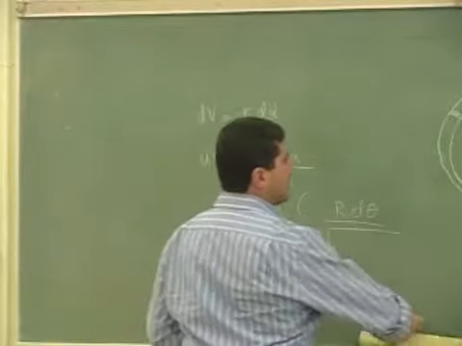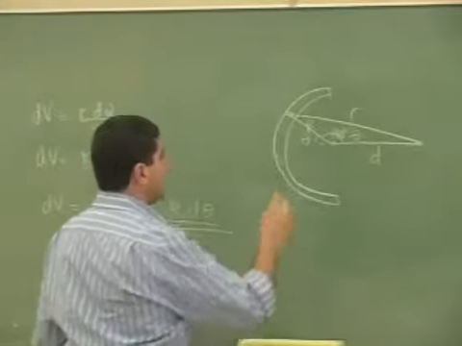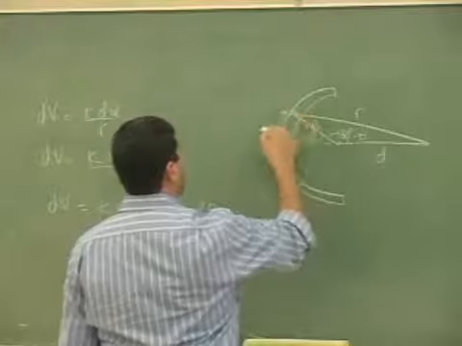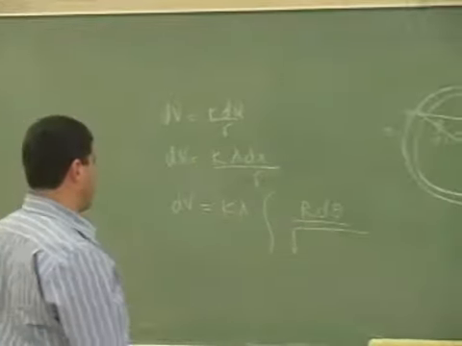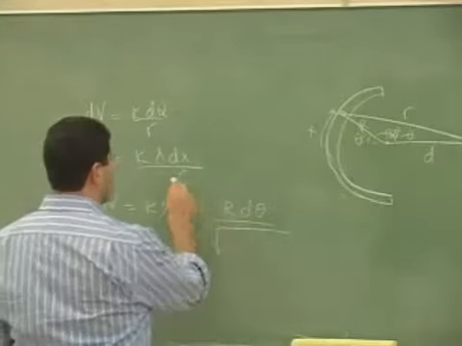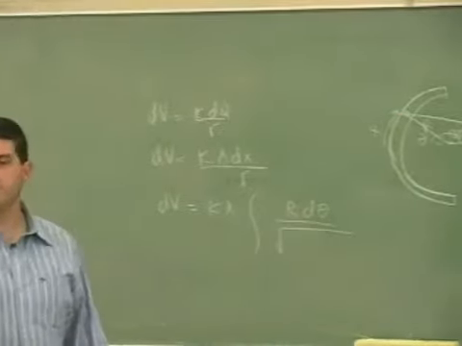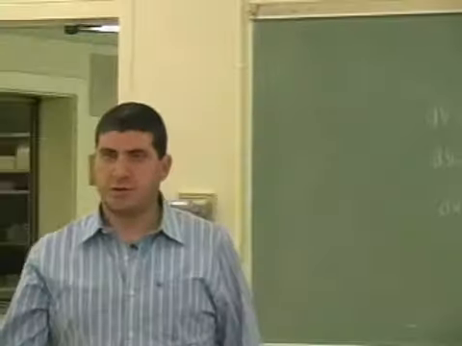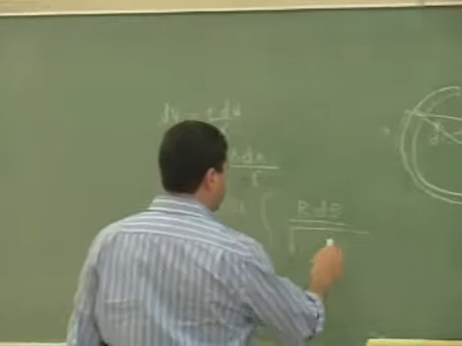You know what? Let me not call this one x. Let me call this one d, because you might get it confused with this x, the x measured from the rod. So I'll just call that d. So k lambda r d theta, and then the r is equal to what? Well, I guess we could use the law of cosines, right?